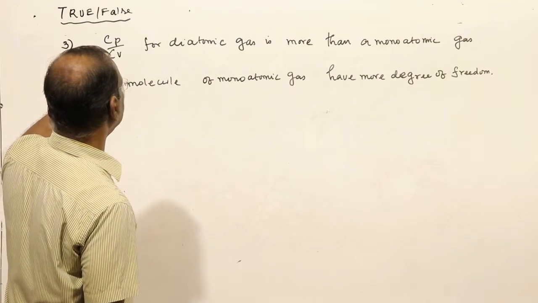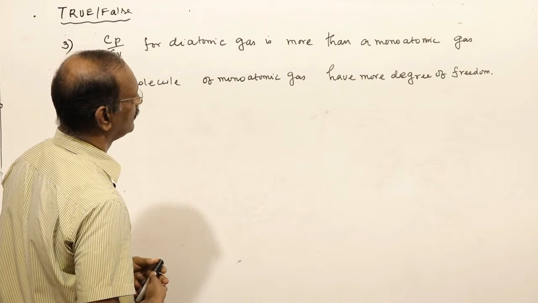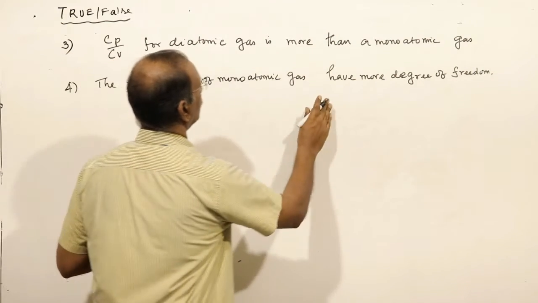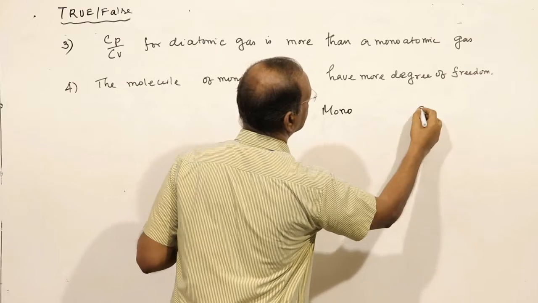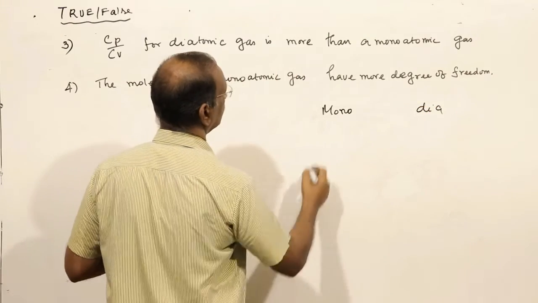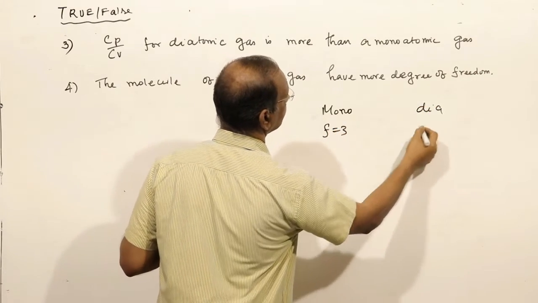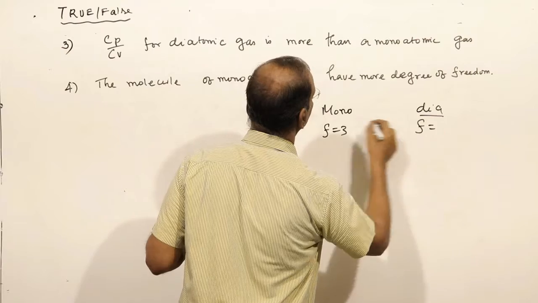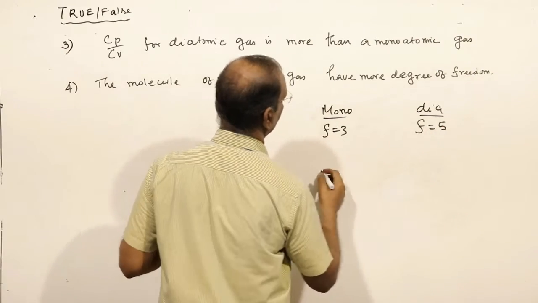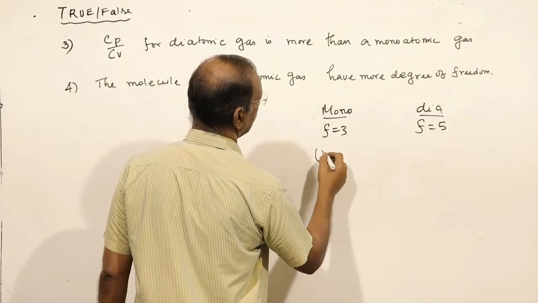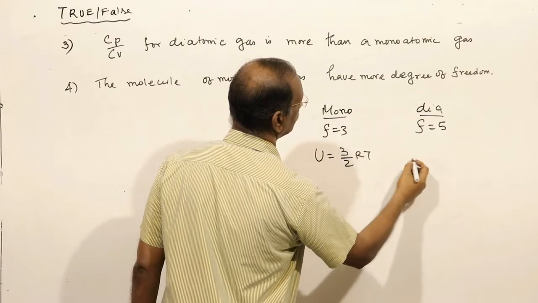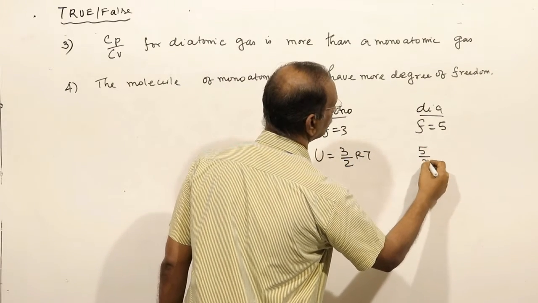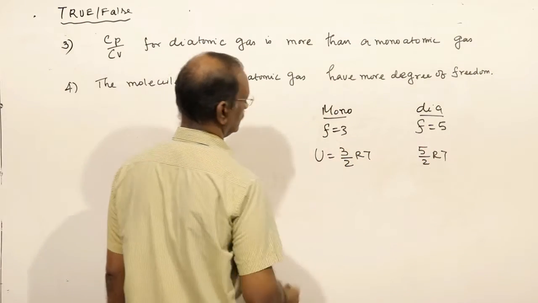Next, Cp by Cv, that is gamma for diatomic gas, is more than that of monoatomic gas. First we write monoatomic, diatomic. Monoatomic degree of freedom is equal to 3, diatomic degree of freedom is equal to 5, and energy for monoatomic is 3 by 2 RT, and for diatomic it is 5 by 2 RT.